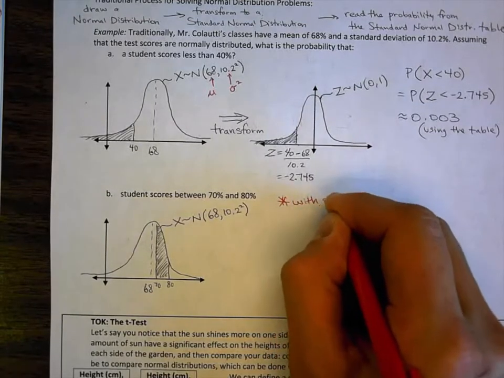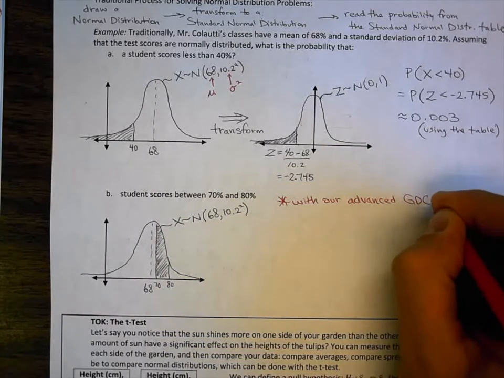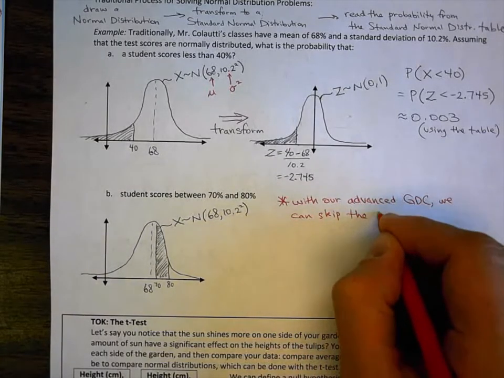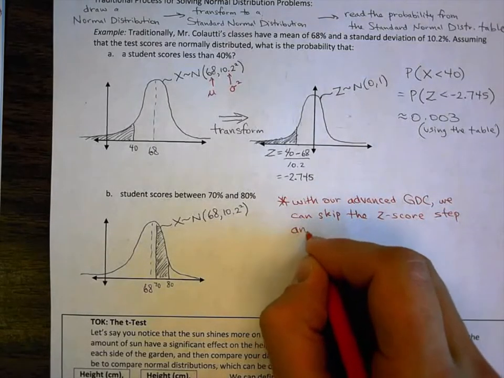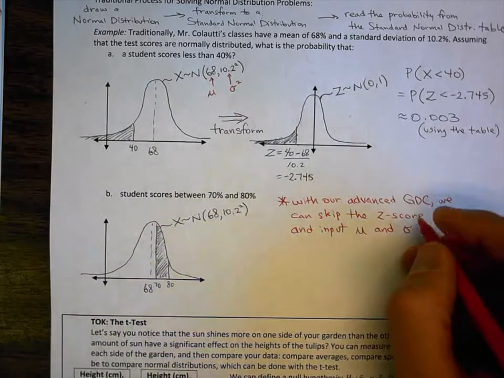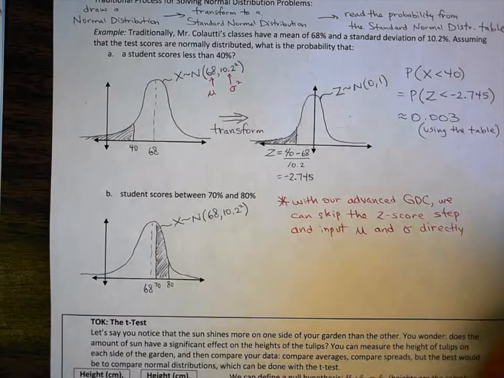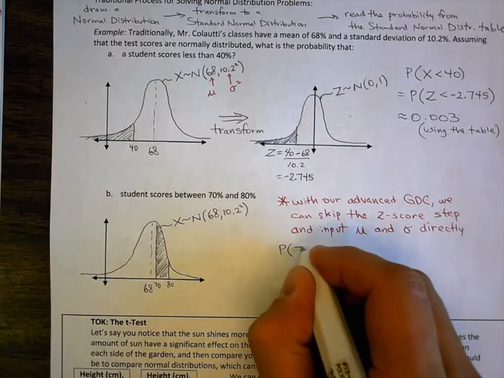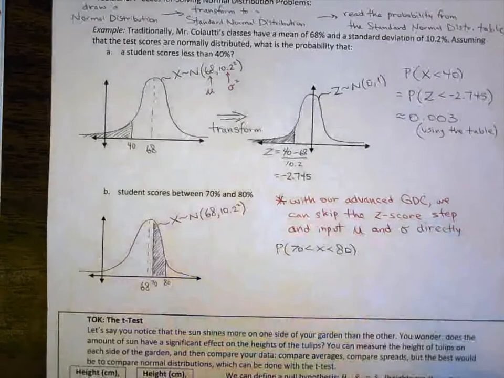With our advanced GDC, we can skip the z-score step and input mu and sigma directly into our GDC. So you can actually just write the line, the probability that x is between 70 and 80. Just going to type that into my calculator directly.